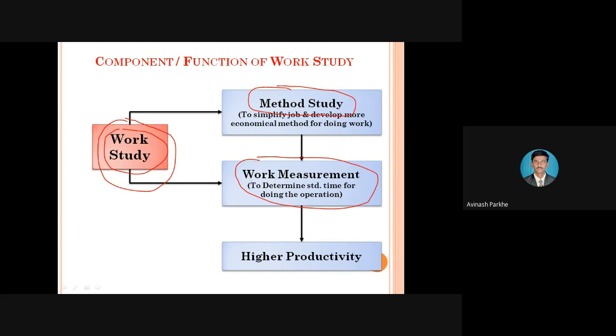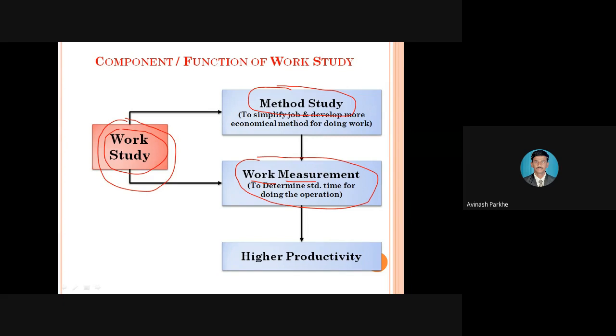But whatever work measurement step we have to perform, it will take place after the method study only, because in method study we are doing the modification in the previous manufacturing process, or we are developing the new methods.